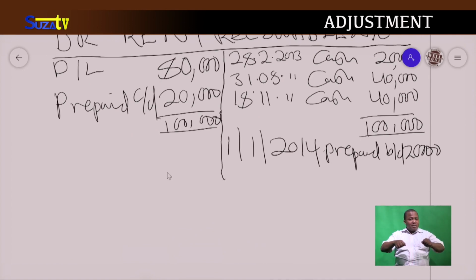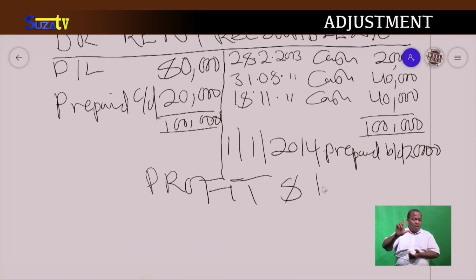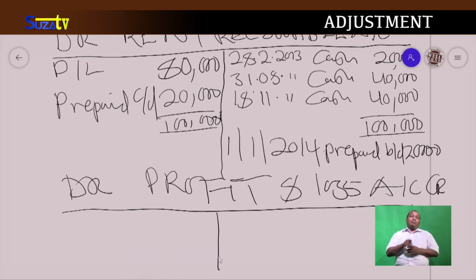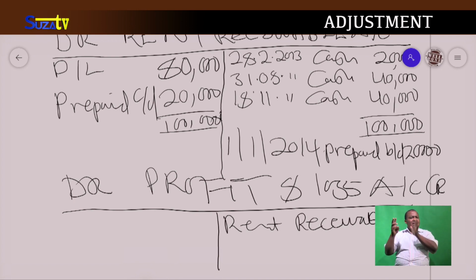Then we should open the profit and loss account. Here is a credit and here is a debit. Then you put here rent receivable 80,000. This is the amount to be received in the current year.